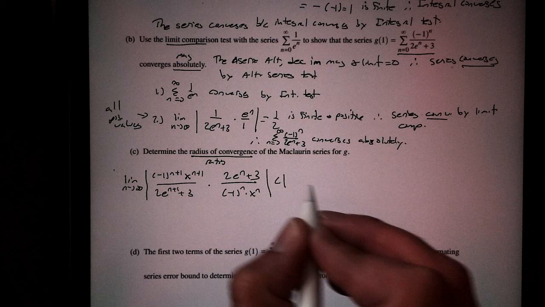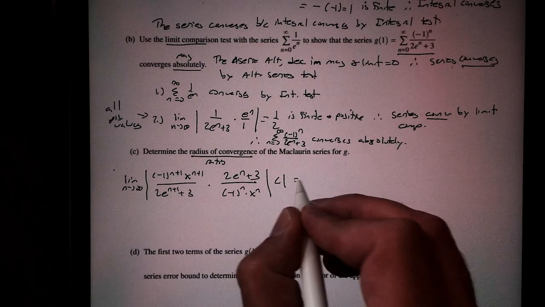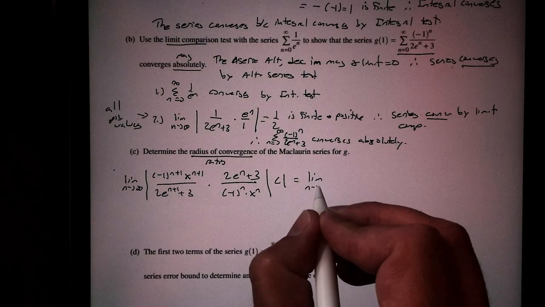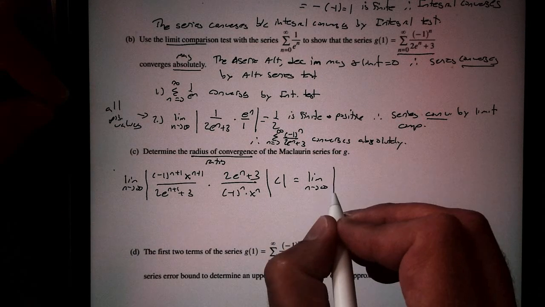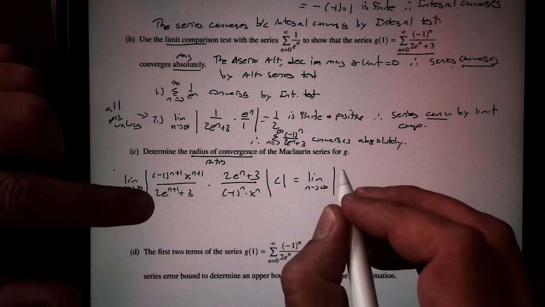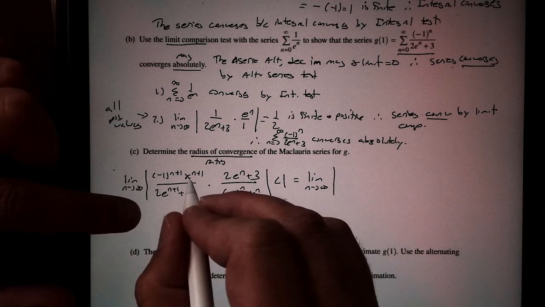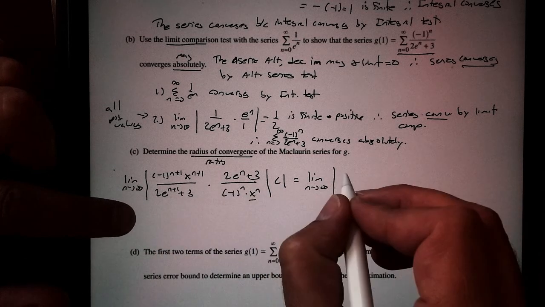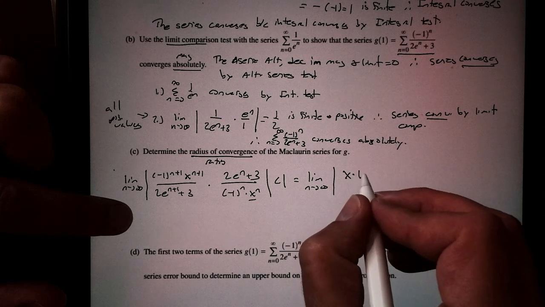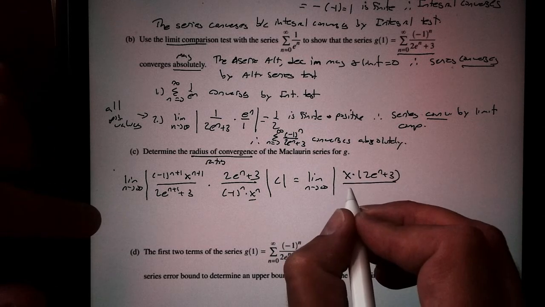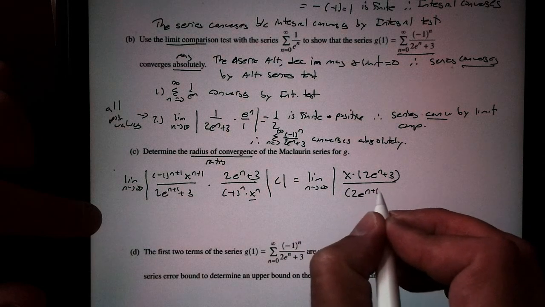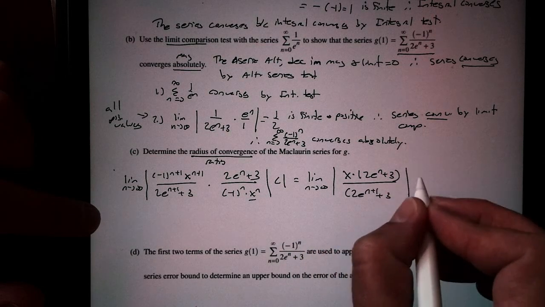And we want to make sure that that's less than 1. Simplifying this, the limit as n goes to infinity. The -1s really don't matter. That's just going to become 1 because I'm taking the absolute value anyways. So what we're left with is just x times 2 e to the n plus 3 over 2 e to the n plus 1 plus 3 is less than 1.